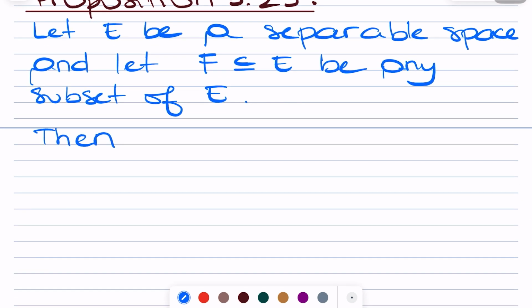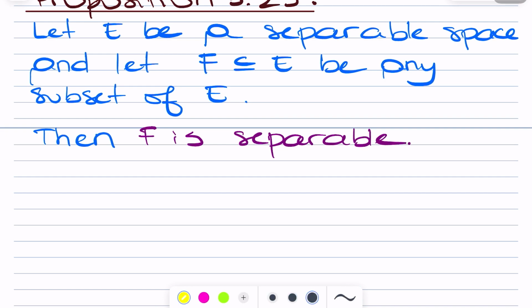So any subset of a separable space is actually separable. Let me just write that separability here. It's important. Good, so let's have a look at the proof.